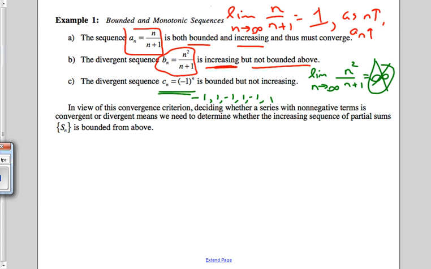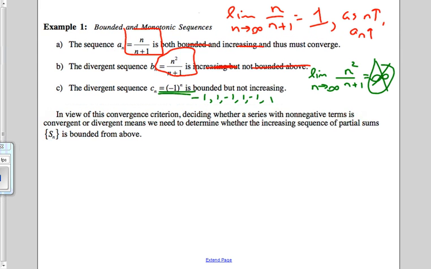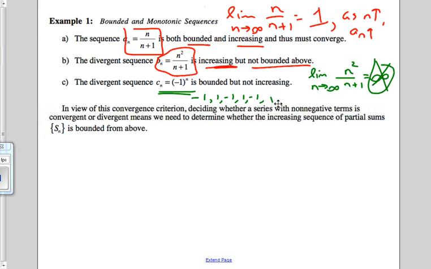So those three examples, A through C, are looking at sequences. But if we wanted to extend this to series, to whether a series is convergent or divergent, let's first start off with a series with non-negative terms, so all positive terms.